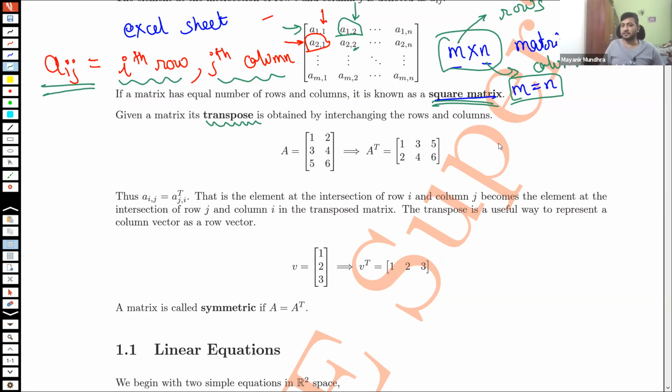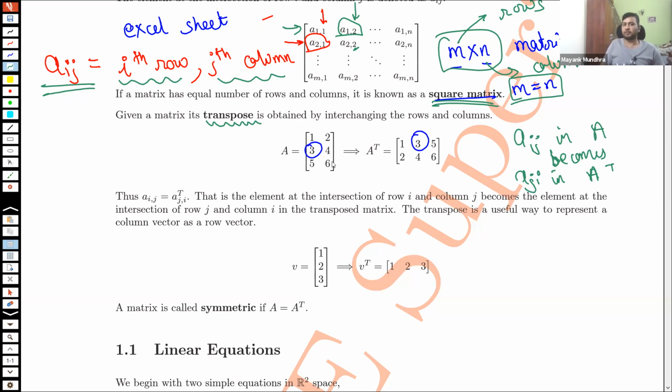What happens is that Aij in matrix A becomes Aji in A transpose. So this number which was at position 2, 1 will become position 1, 2. Right?